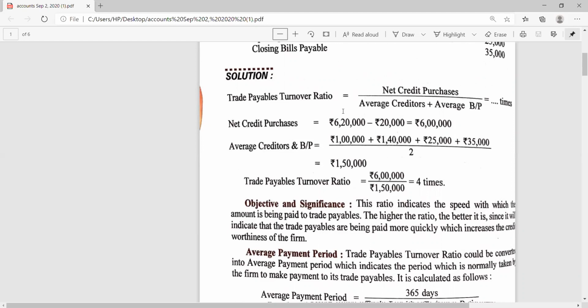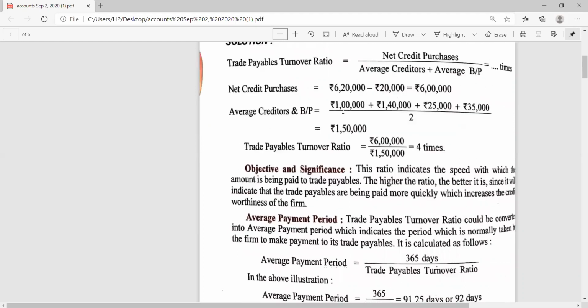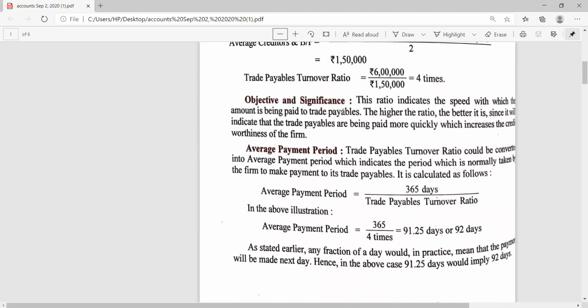In case of the trade receivable ratio, we calculated the average collection period. But in this case, the business has to make the payments, so the average payment period is to be calculated. How is the average payment period calculated? It will be the number of days in a year divided by the trade payable turnover ratio.